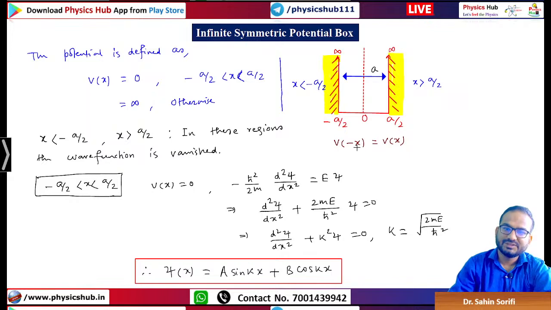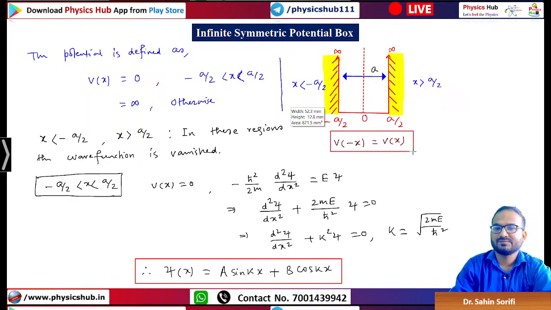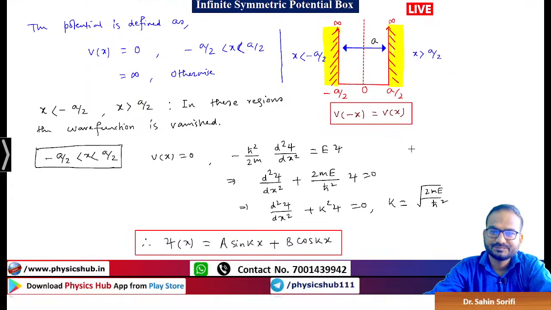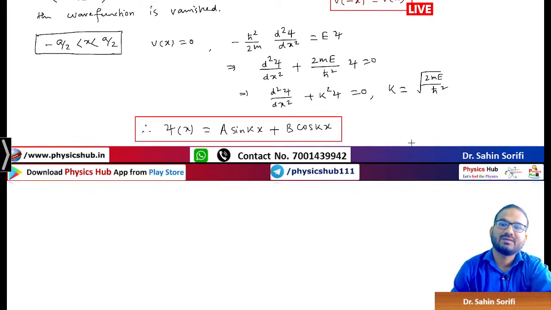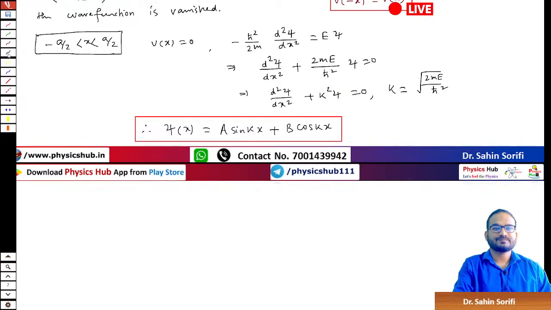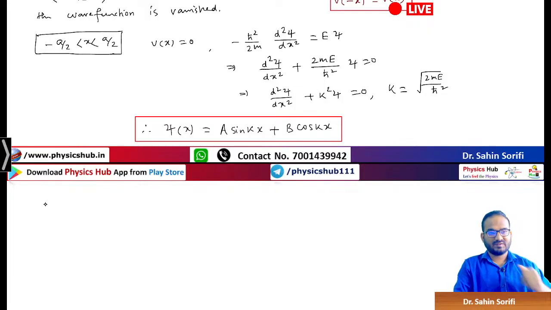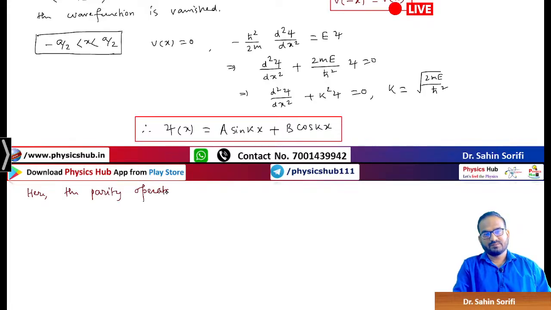Because the potential is symmetric, as you can see, V of minus x is equal to V of x, the parity operator will commute with the Hamiltonian. We have already introduced the parity operator. The parity operator is a good quantum number, we have also told you. So the parity operator commutes with the Hamiltonian.